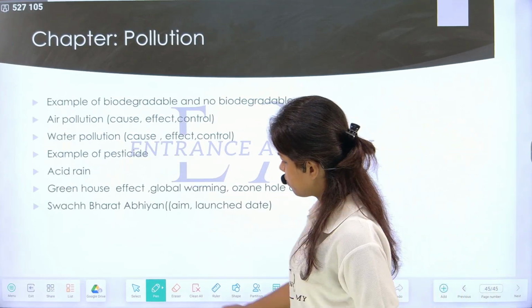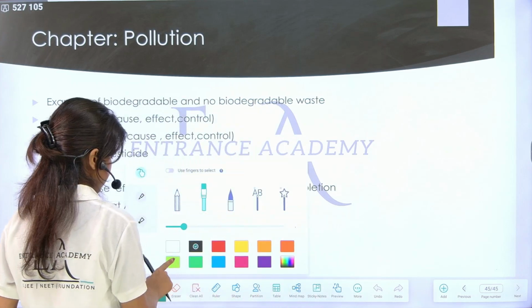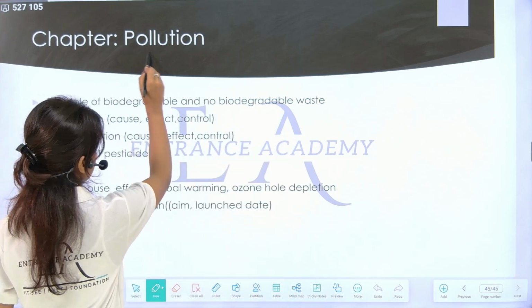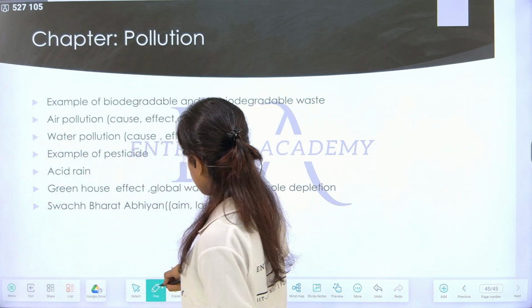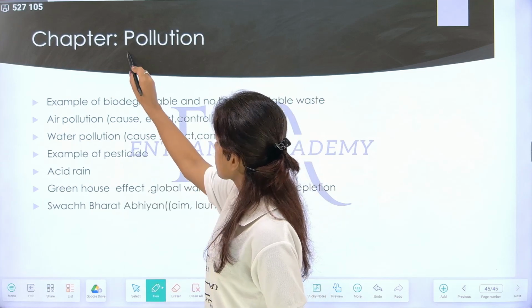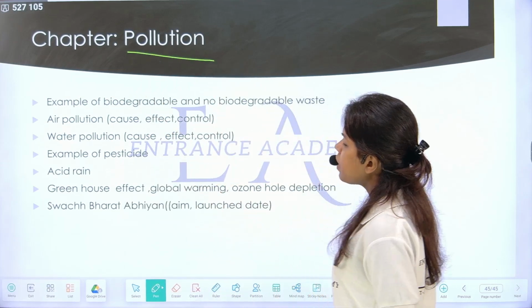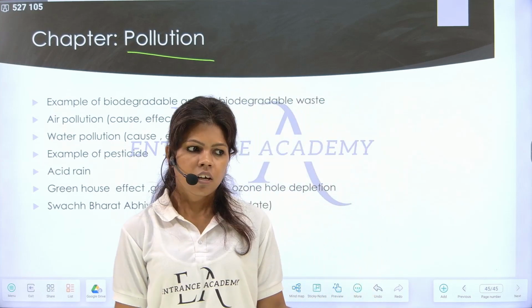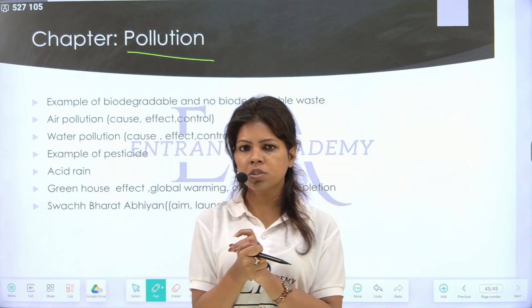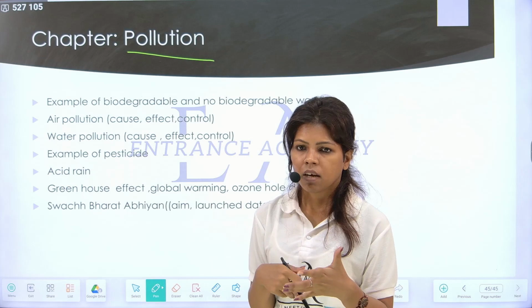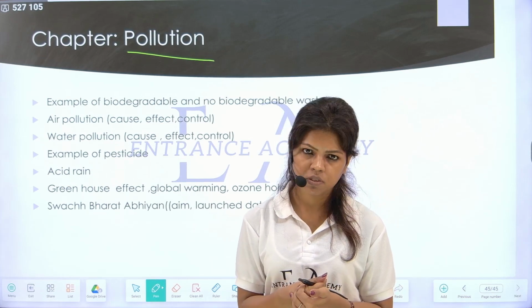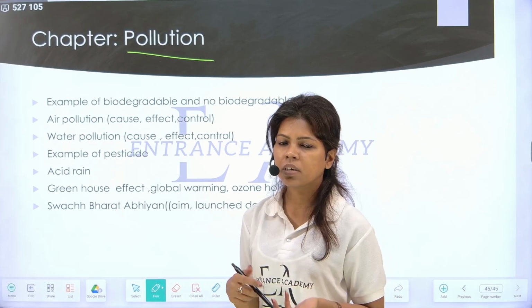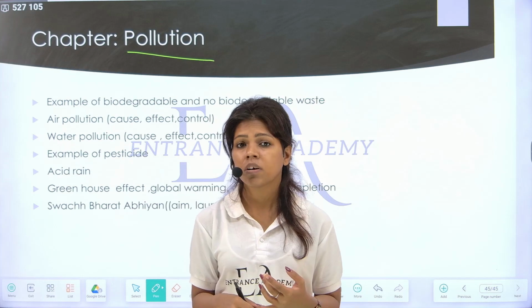Last chapter, pollution. Example of biodegradable and non-biodegradable waste. Biodegradable wastes are those which we can degrade by using microorganisms, whereas non-biodegradable cannot be degraded by means of microorganisms.